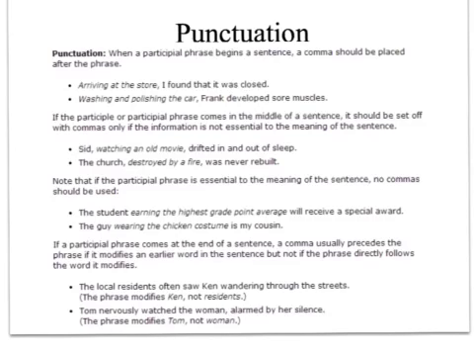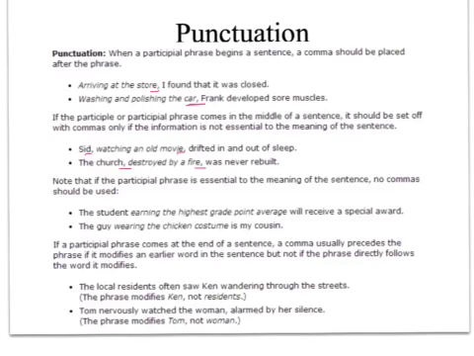Punctuation in English. When a participle is at the beginning of a sentence, a comma should be placed after the phrase. So, arriving at the store, washing and polishing the car, there's your comma. If the participial phrase is in the middle of the sentence and is non-essential, it should be separated out by commas.